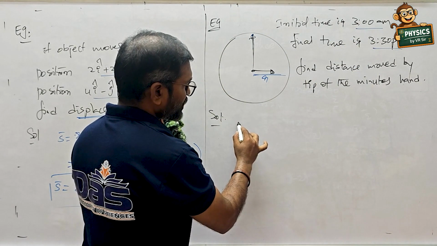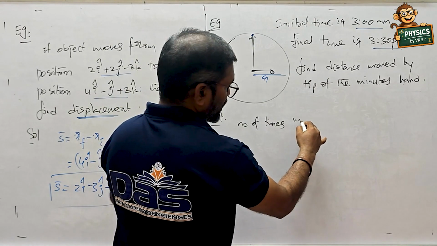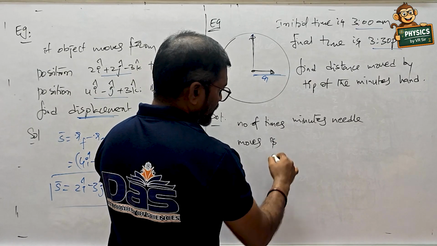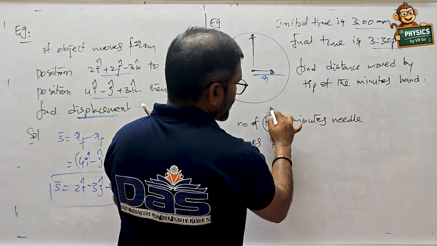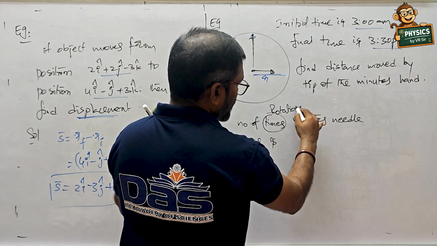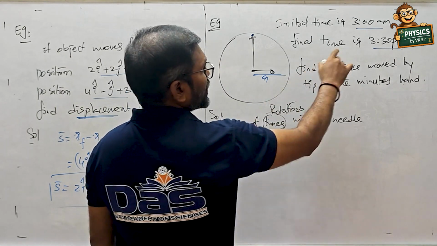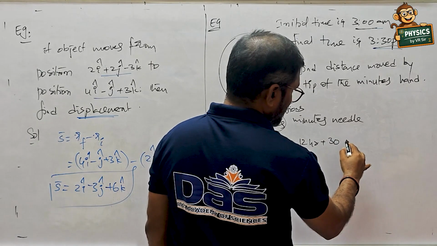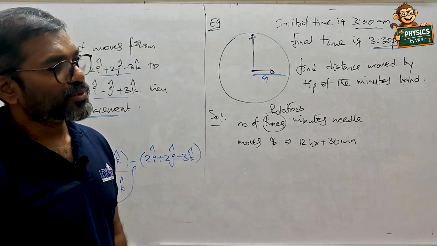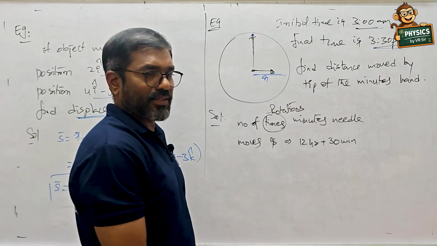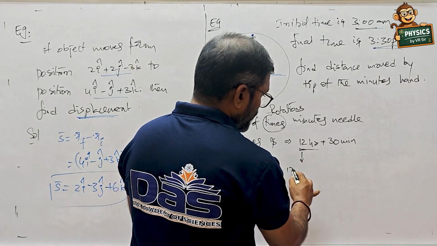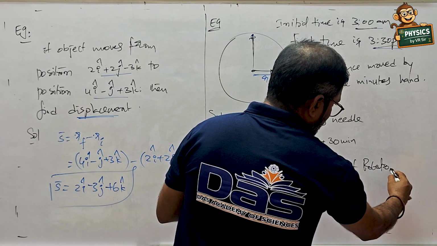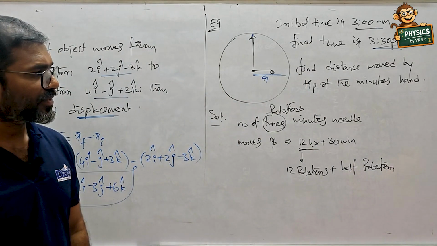The number of rotations is 3 a.m. to 3 p.m., 12 hours, plus 30 minutes. So for these 12 hours it is making 12 rotations plus a half rotation, because we are dealing with the minutes hand.